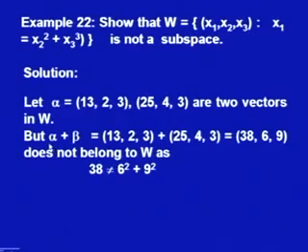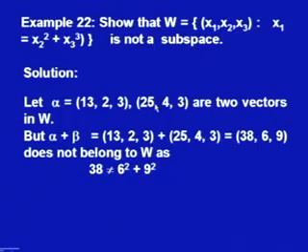But if you consider alpha plus beta, then the sum of these two vectors is (38, 6, 9), but this vector does not belong to W. One can easily check that 38 is not equal to 6 square plus 9 square. That means if alpha and beta are these two vectors, then their sum alpha plus beta will not belong to W.